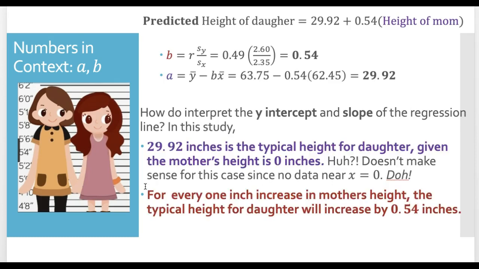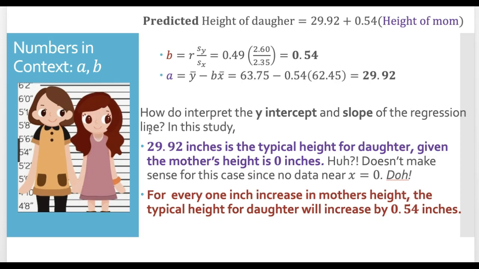Okay, so let's interpret this within the context of the study here. For the y-intercept, we get 29.92 inches. So what this is saying is, well, 29.92 inches is the typical or average height of daughter, given the mother's height is 0 inches. And you may say, huh?